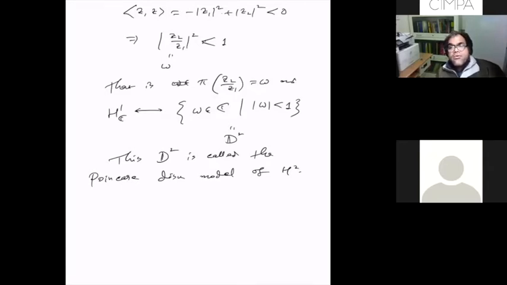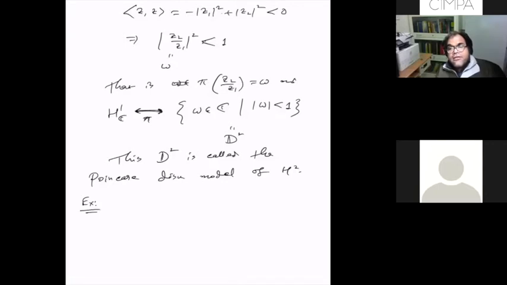Now, it's a small exercise that you can actually use this identification induced by pi. All right, so this is, again, I denote it by pi.